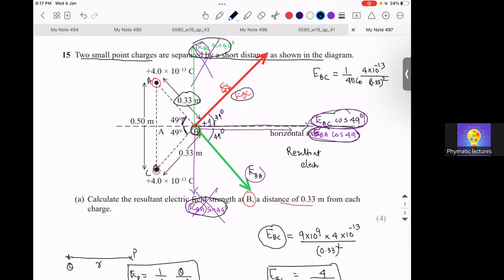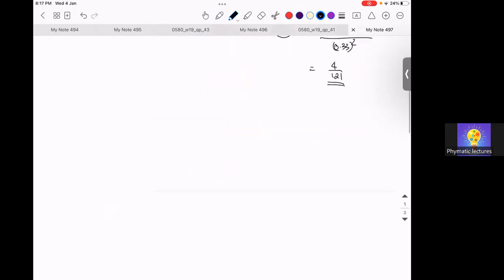So resultant electric field. According to the definition in vectors, if both vectors are acting in the same direction, you just add the respective magnitudes, like normal addition. So the resultant electric field is EBC cos 49 plus EBA cos 49.